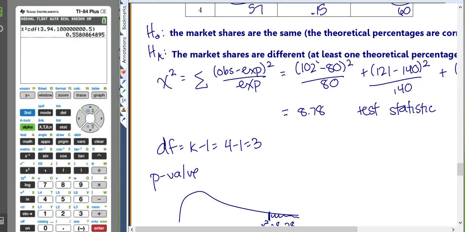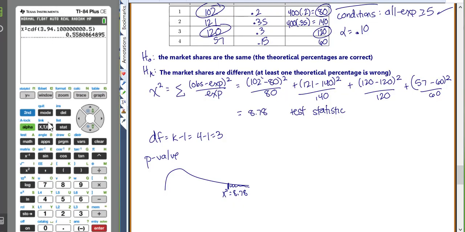So once again, pull up your calculator. We want the distributions, because it's the chi-squared distribution. So we want chi-squared CDF. We want those cumulative probabilities, the whole area. My lower bound is 8.78, my upper is still a million, and degrees of freedom switch to 3.